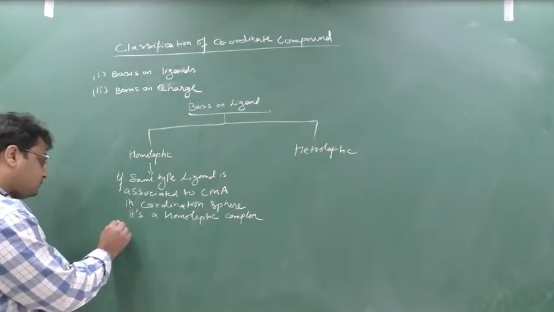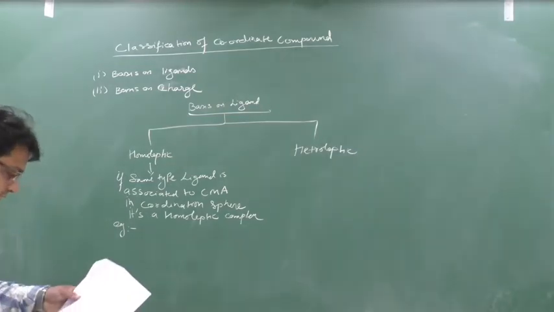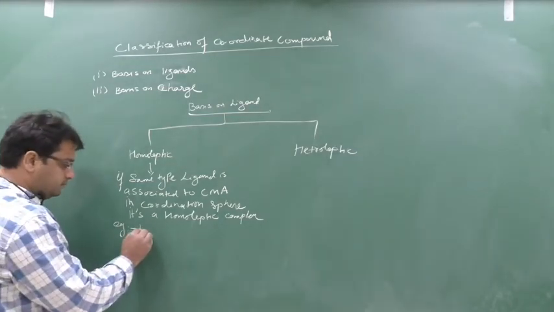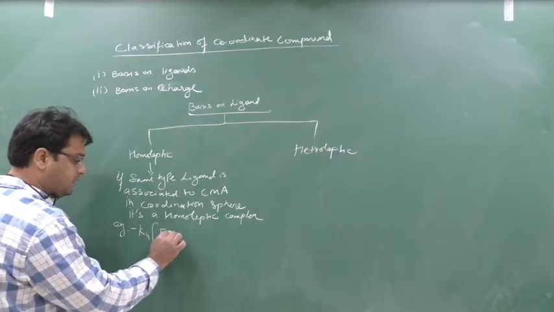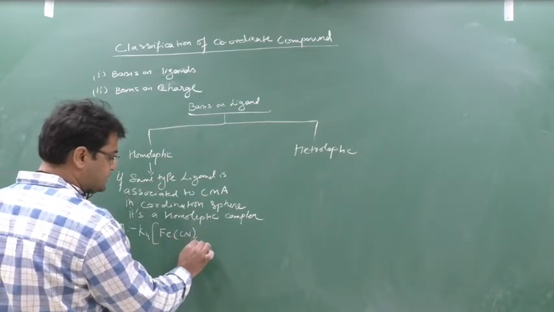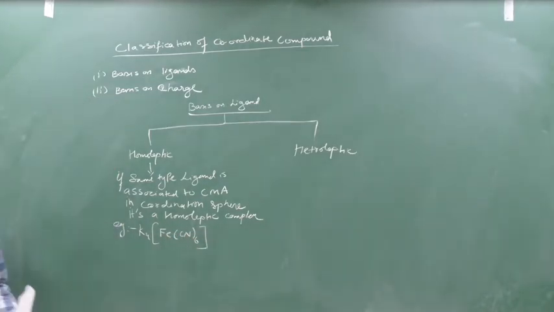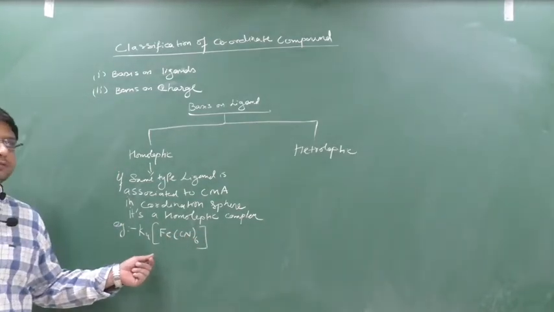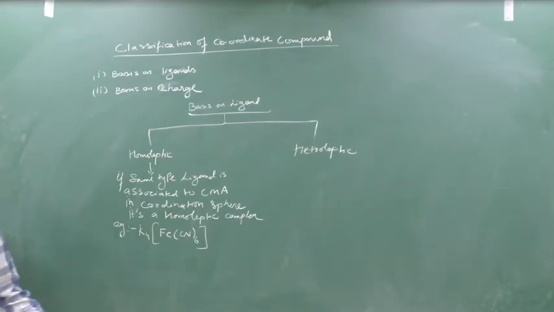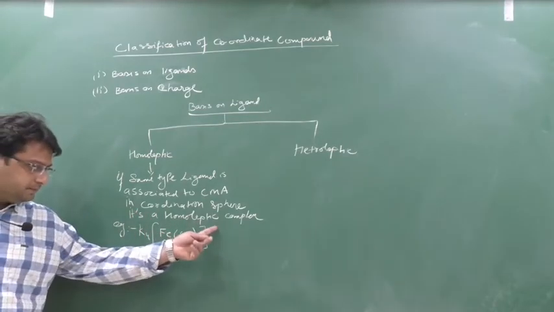Example. First example, K4[Fe(CN)6]. This is one complex, yes or no? This is the coordination sphere.